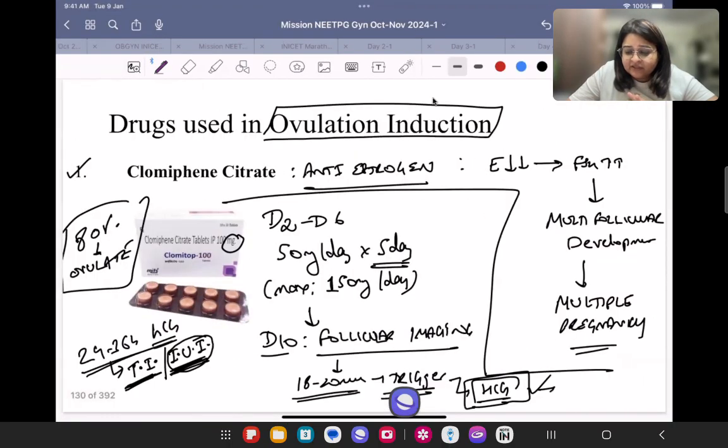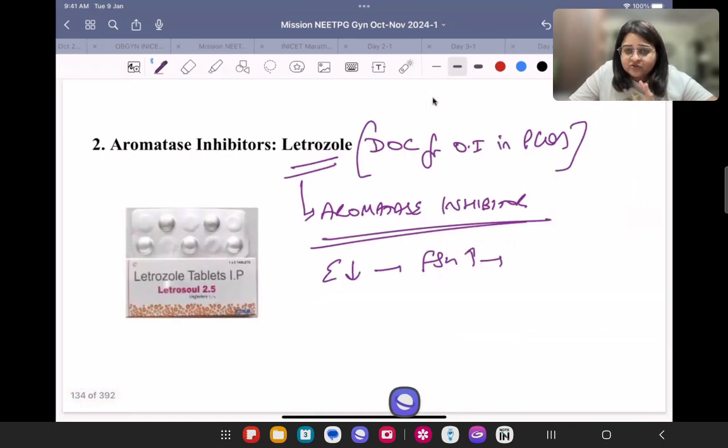Clomiphene, remember, is a very strong anti-estrogen, so FSH levels become very high, and multifollicular development happens. But letrozole is not as strong, so it is going to cause monofollicular development. That means only one follicle will develop, hence the risk of multiple pregnancy is not there.